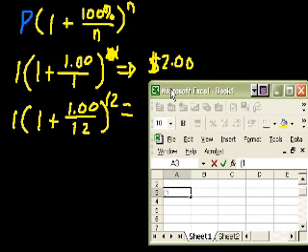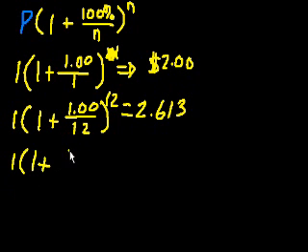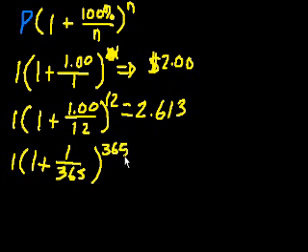I'm using Excel for those of you who have never seen it before. 1 plus 1 divided by 12 to the 12th power equaled 2.613. And when I compounded every day, it was 1 plus 1 over 365 to the 365th power, and that equaled 2.71 and then something.